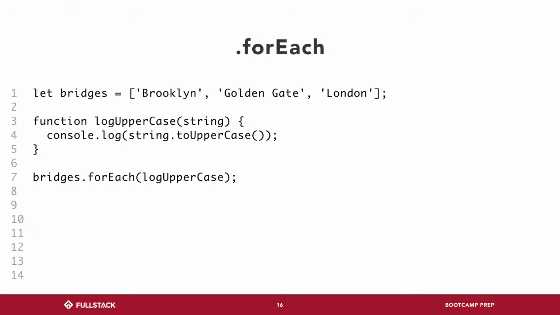So log uppercase, I could just say let bridges, for let i equals 0, i is less than bridges.length, and call this function in the for loop, but that's pretty long. That's going to be at least 4 lines of code, but this gets accomplished in 1 line. It says run this function for Brooklyn, run this function for Golden Gate, and run this function for London.